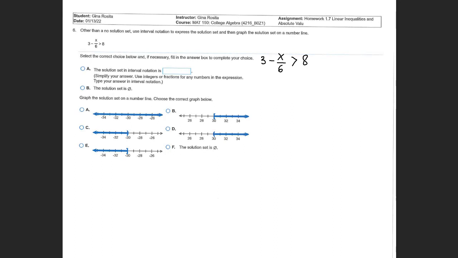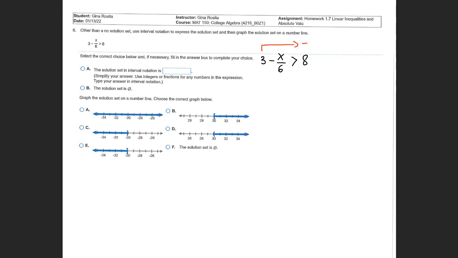Look again: when both sides of an inequality are multiplied or divided by a negative value, you have to change the symbol. So look at this first: 3 moves to the right first and becomes negative.